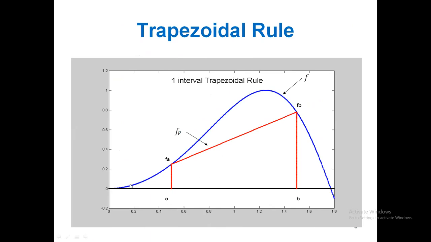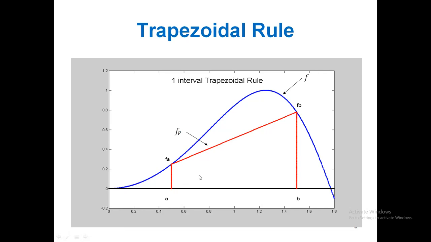If this is your function to be integrated, finding the value of the integral is equivalent to finding the area under the said function bounded by the limits of the integral. You will approximate it by simply determining the area of this trapezoid.